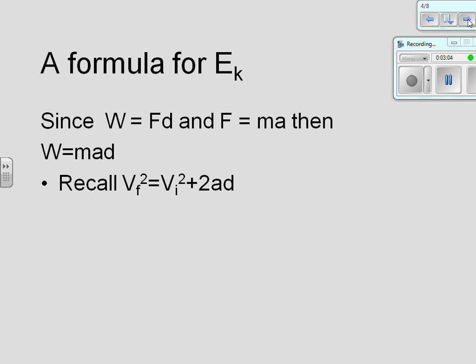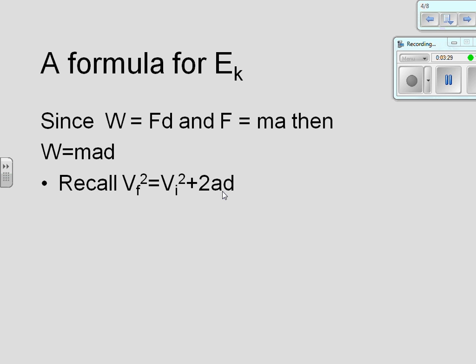Now, do you remember from oh so long ago, VF squared equals VI squared plus 2AD? It's a long time ago. Do you have a funny feeling that we can somehow work this AD and this AD together? Maybe. Not sure how, but we've got a feeling, right?